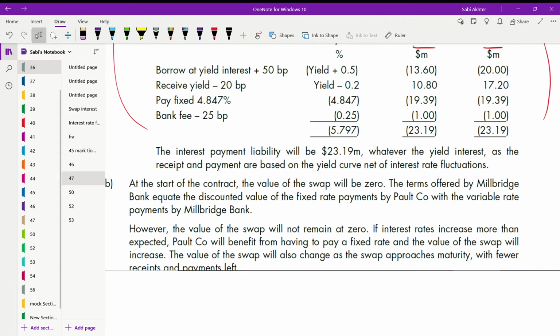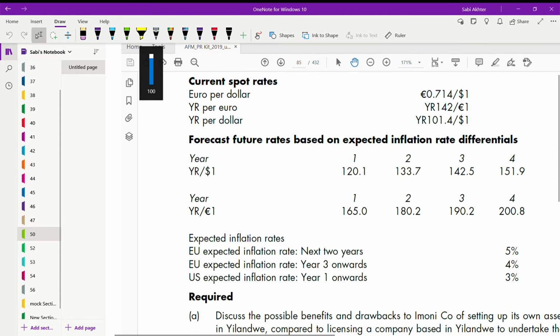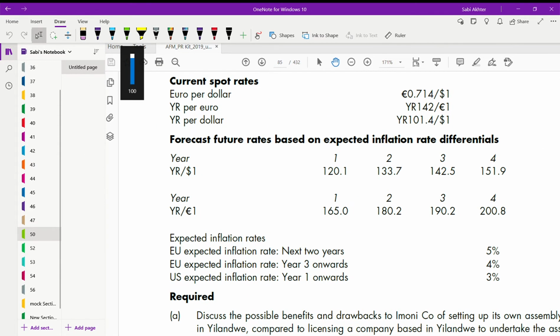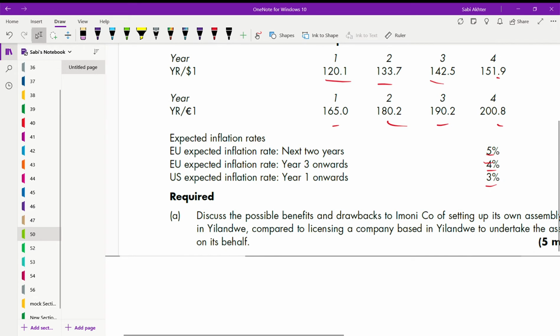Okay, starting with 50, you have been given some current spot rates and some rates for each year because the project is for 4 years, and you have been given the inflation also. So based on the inflation, you have to use purchasing power parity to predict.